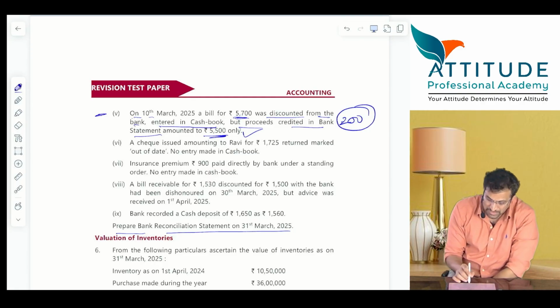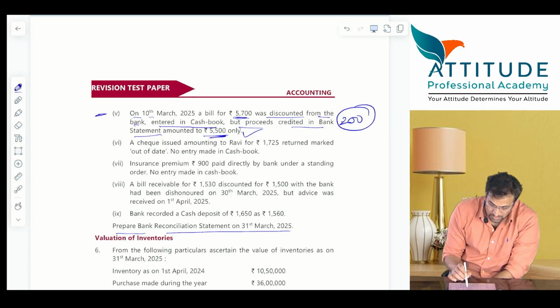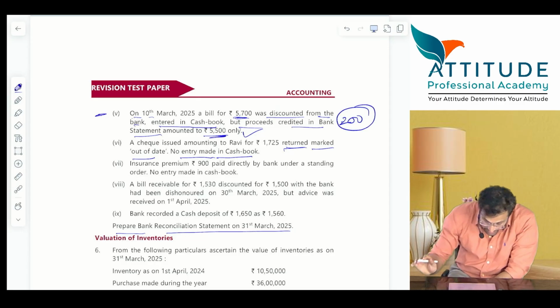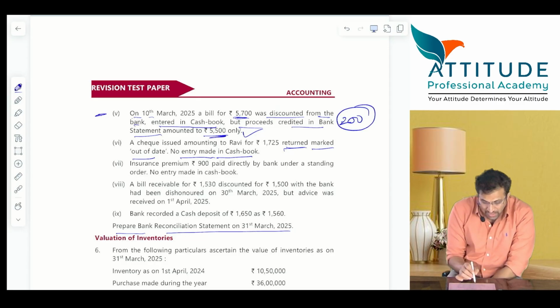Next one. A check issued amounting to Ravi 1725 returned marked out of date, no entry made in cash book. What do you mean by out of date?